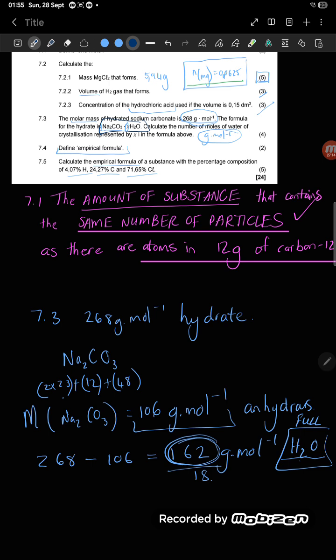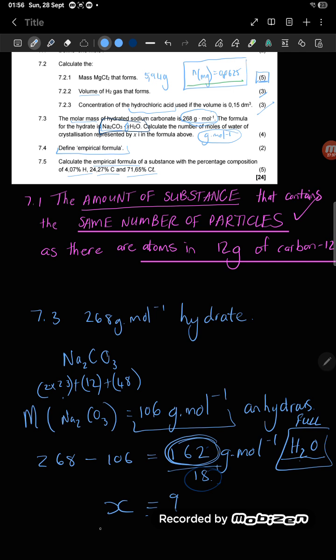How much does this weigh in relative atomic mass? 18 altogether. So how many of these molecules are in this? I'm going to say there are 9. There's going to be 9. So X is going to be 9.